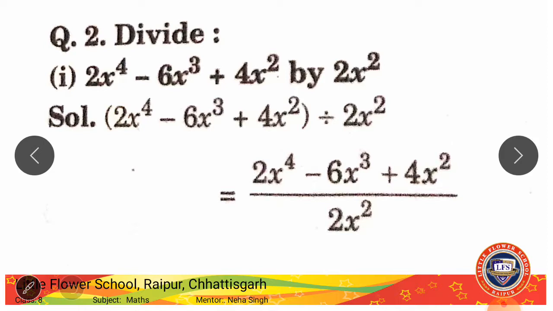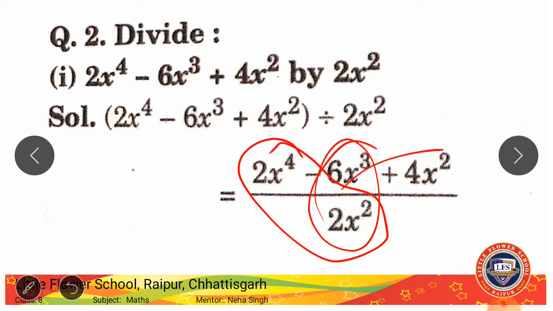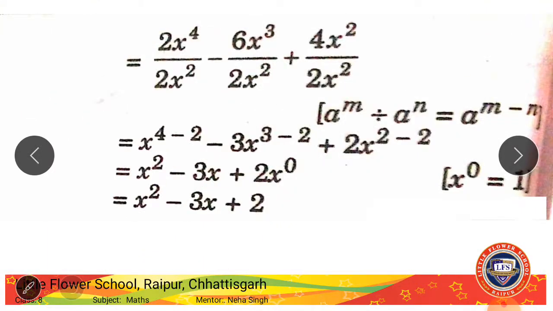Like this I can do, right? Since the denominator is same, we can write first these two, then these two, and then these two, and then I can cancel and I can solve. One method would be that.